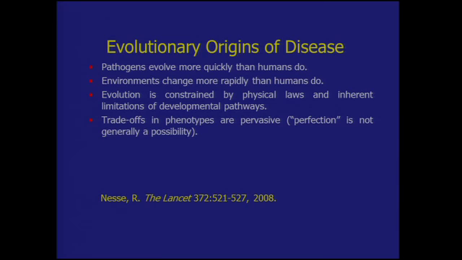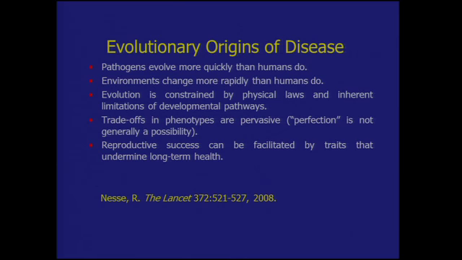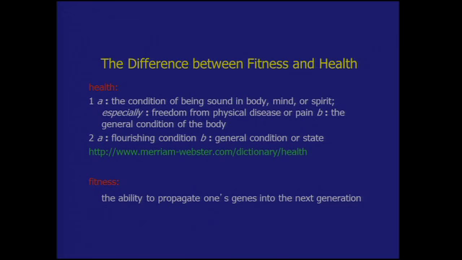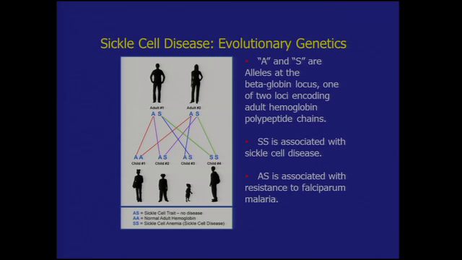Perfection is generally not a possibility in biology. And reproductive success can be facilitated by traits that undermine long-term health. And useful responses like fever can be taken to excess and then cause medical problems. So there's this huge difference between health, which I define very formally there, and fitness, which again is just the ability to get your genes into the next generation.